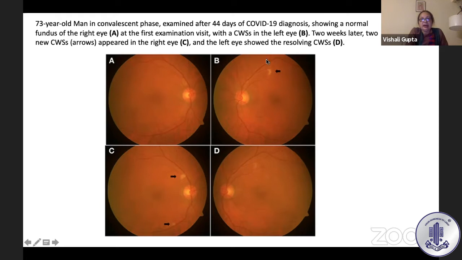But 44 days after COVID-19 diagnosis, cotton wool spots appeared in the left eye and the right eye was normal. Two weeks later, we see 2 new cotton wool spots appearing in the right eye, which was normal, and the left eye has a resolving cotton wool spot. So is COVID inducing an ongoing insult? This is something we would love to find out.